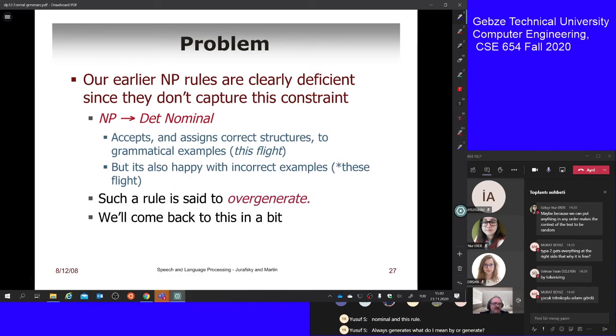If you think these rules are generating sentences for English, it will generate both this flights and those flight, right? Okay, so we have to deal with this problem, and there are many other instances of this problem, and we are going to see them in a few minutes.